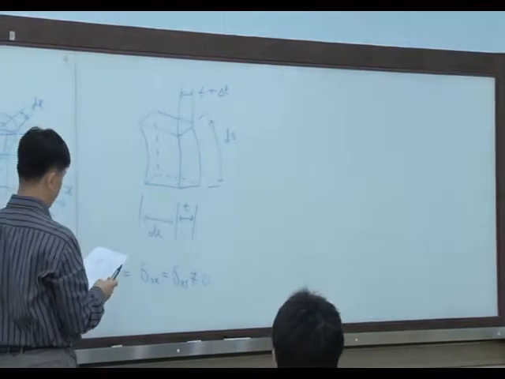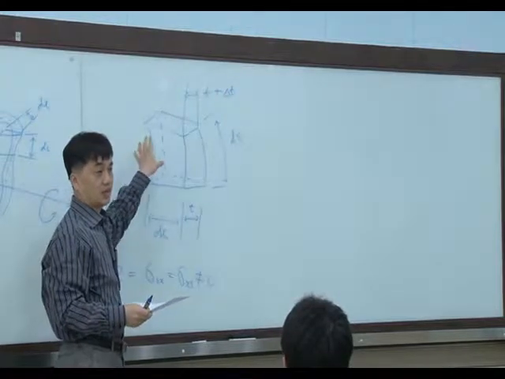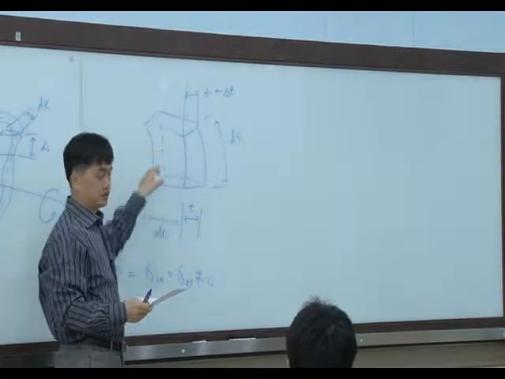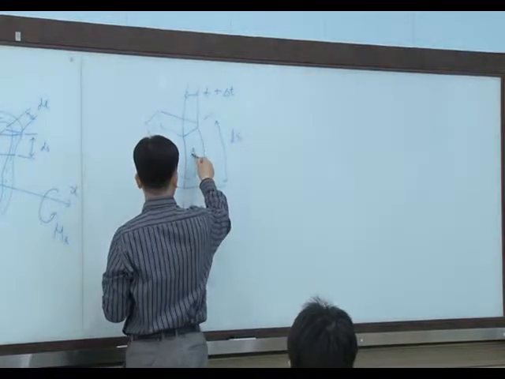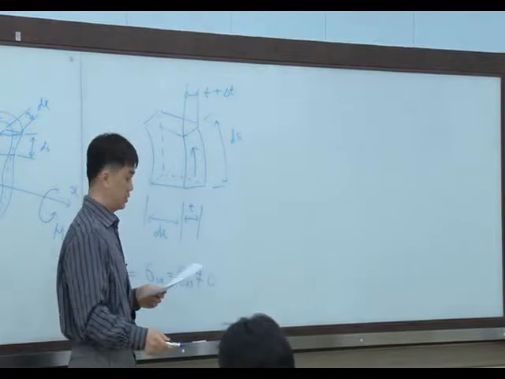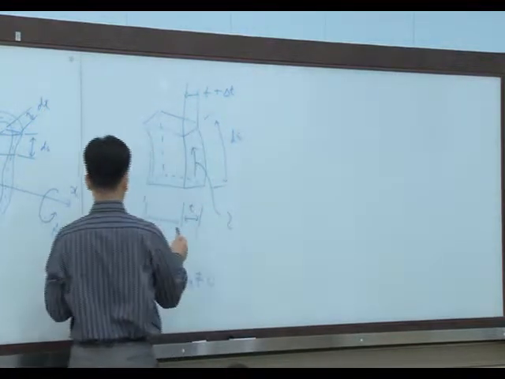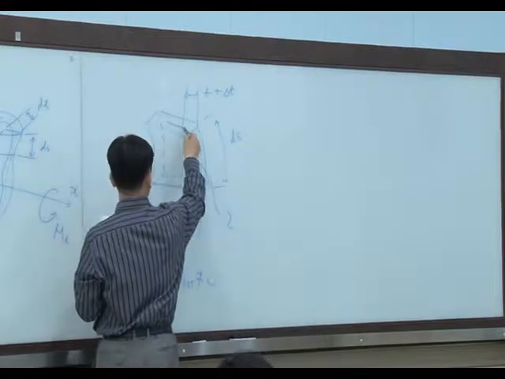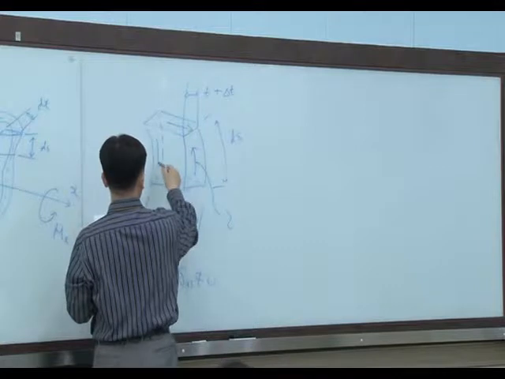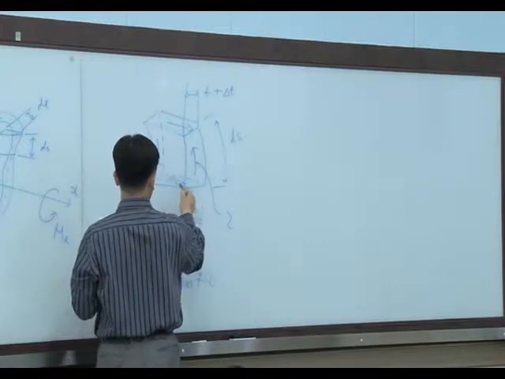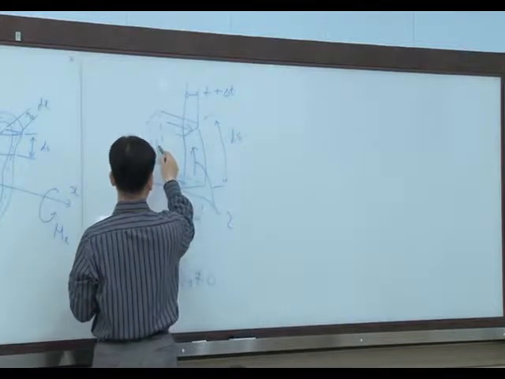Let's consider the stress applied on this small element. Due to the definition of complementary shear, in this direction we have tau, and in this direction we also have tau.